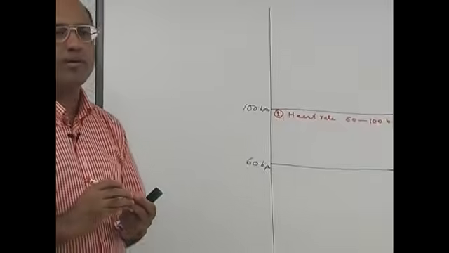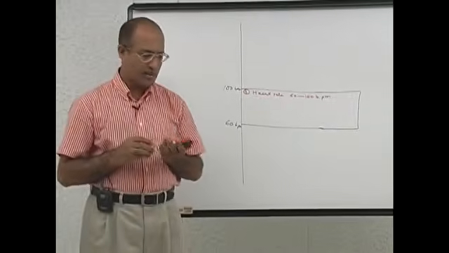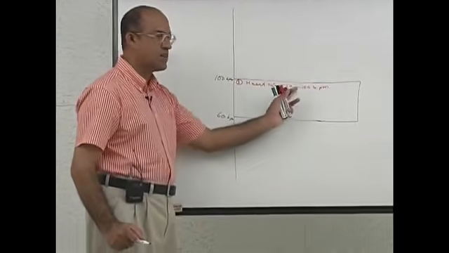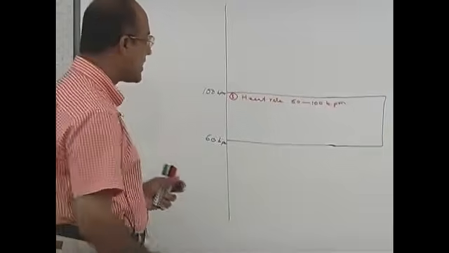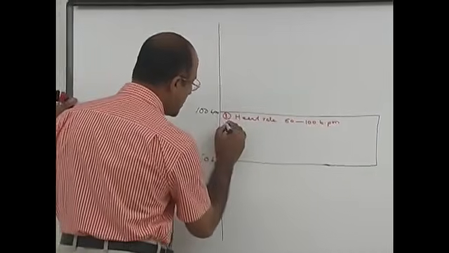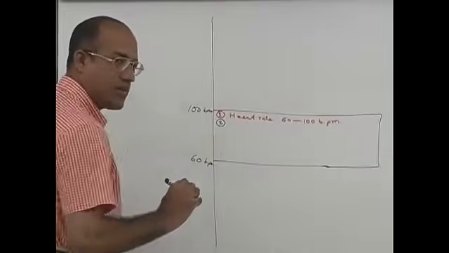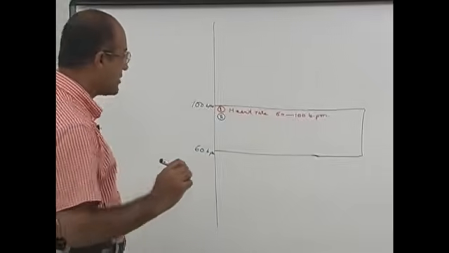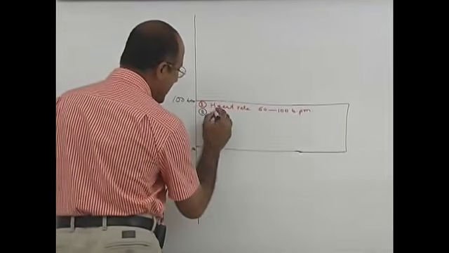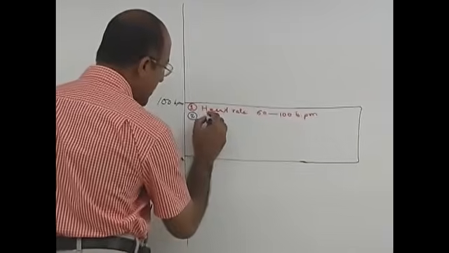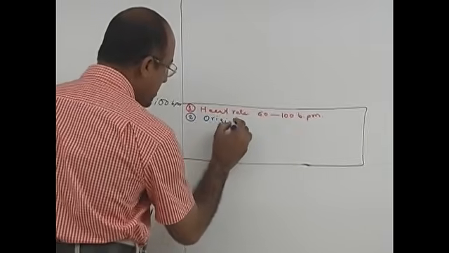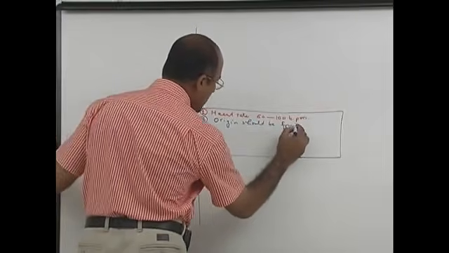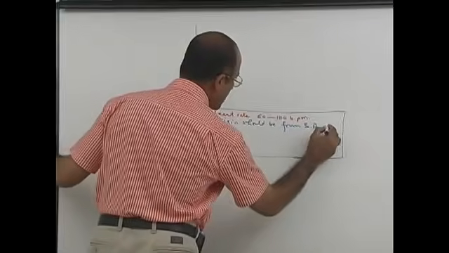But then there is one more requirement for the cardiac rhythm to be normal. The second requirement is that not only should heart rate be between 60 and 100, but every heartbeat should originate from the SA node.